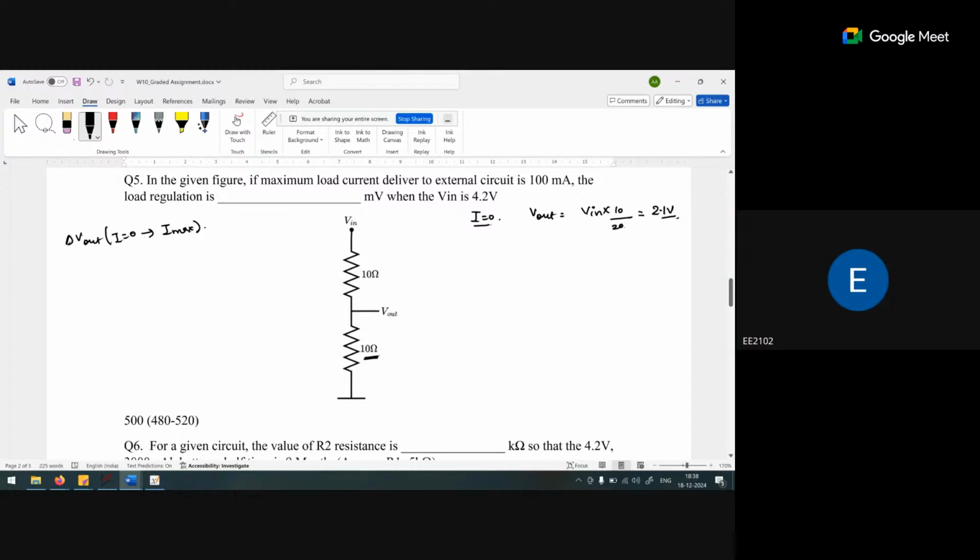Now the second case is I consider that 100 milliampere current is delivered. I am taking the outward direction. Why am I taking the outward direction? Because the current is delivered to the external circuit.